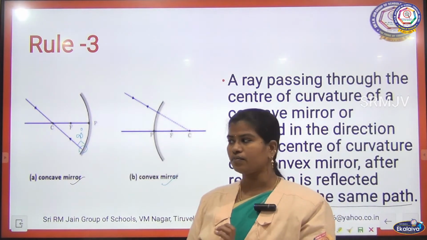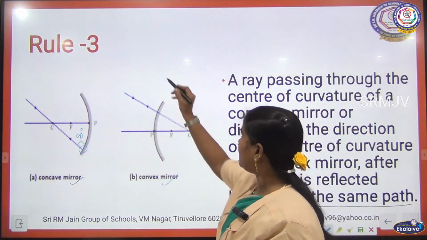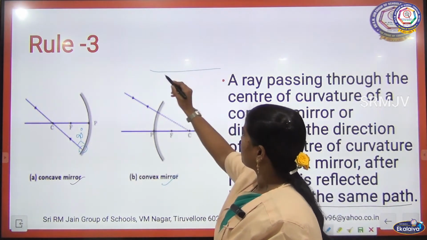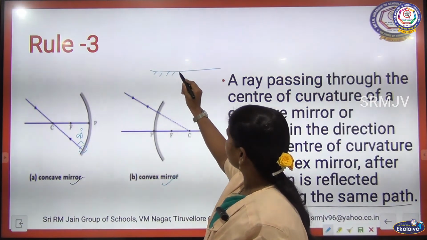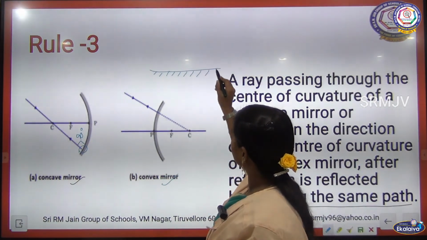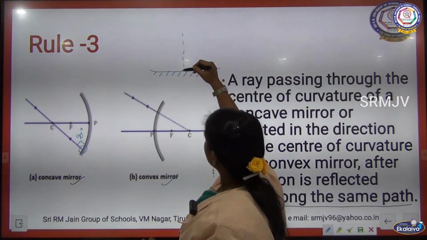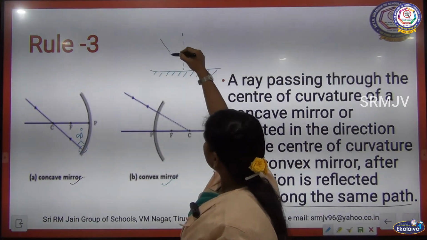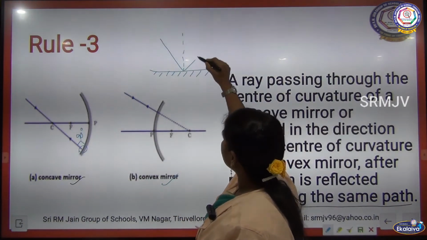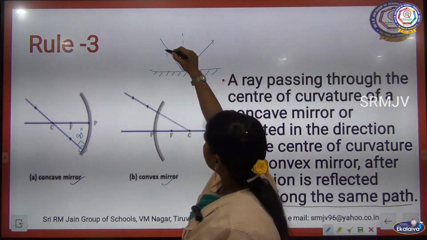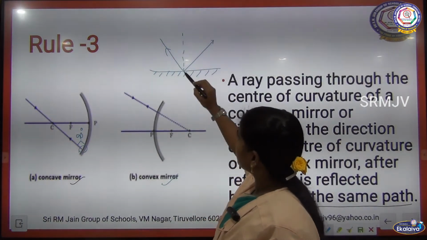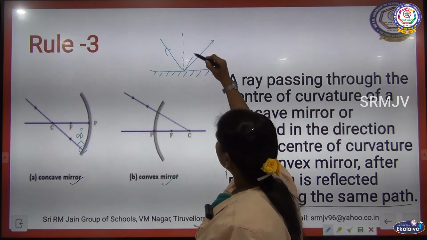So let me draw a plane mirror. This is the normal and this is the angle of incidence and this is the angle of reflection. So this, I'm sorry I did not draw properly.